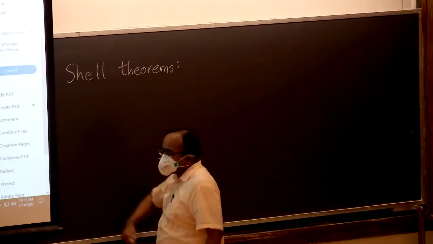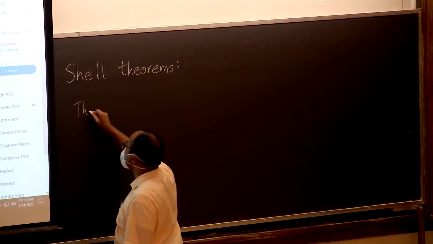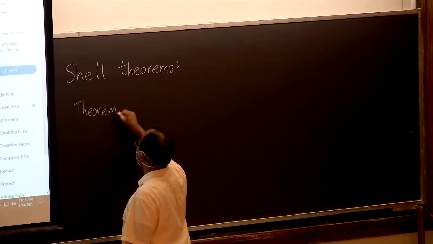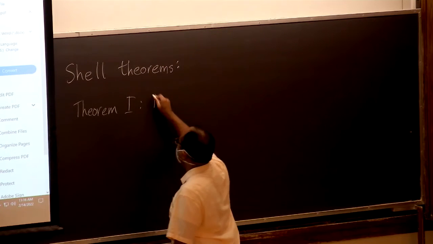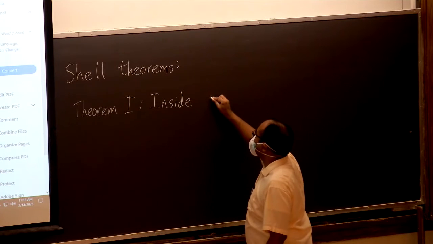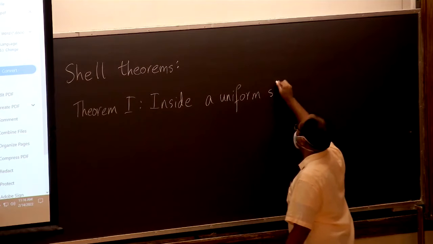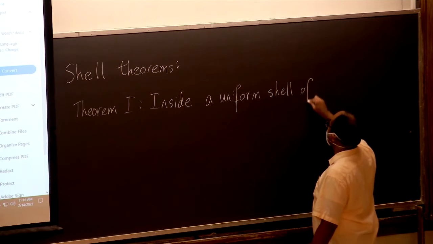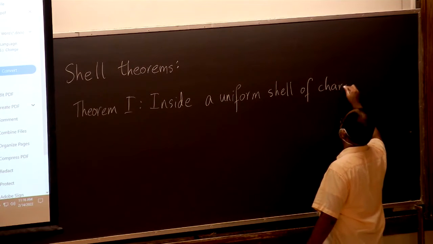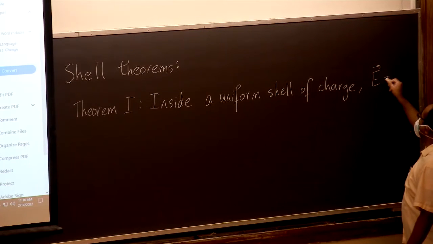I never remember which one is theorem 1 and which is theorem 2. Let's just say, theorem 1: inside a uniform shell of charge, E equals 0.